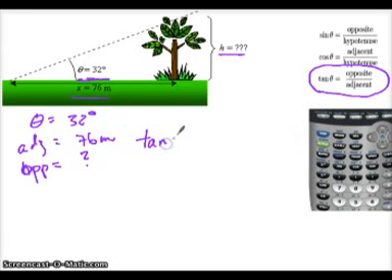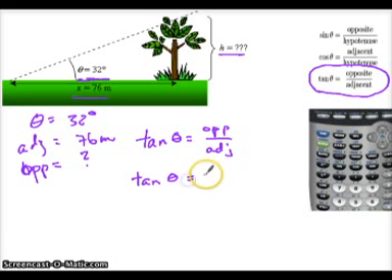And the tangent of theta is equal to the opposite over the adjacent, TOA. Okay, but this time the tangent of theta is something that I know. So we're going to have to rearrange this formula to solve for the opposite. So I'm going to multiply both sides by adjacent.